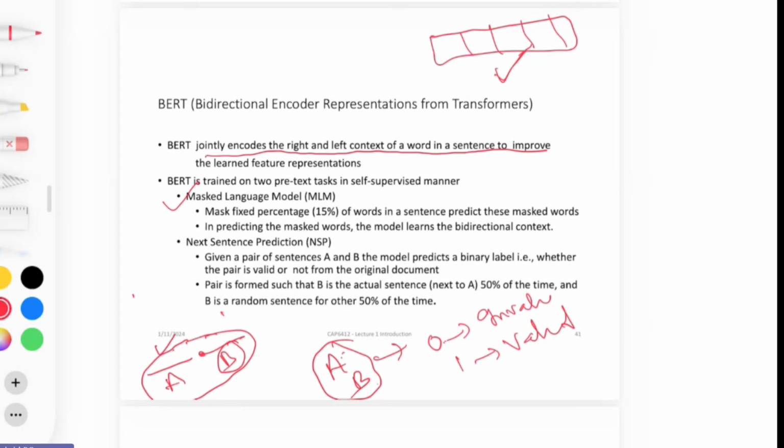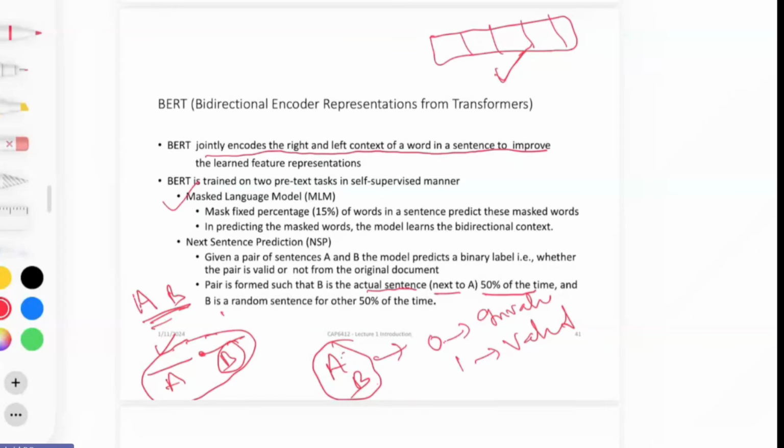But if I take A from here and take B randomly from anywhere, that A-B pair would be invalid, because B is not the following sentence. We make these pairs for training purposes, such that B is the actual sentence next to A 50% of the time. So 50% of pairs would be valid and 50% invalid. That is your training data.